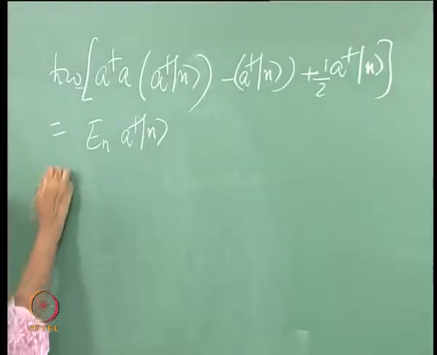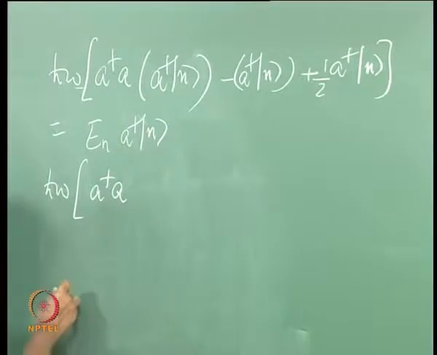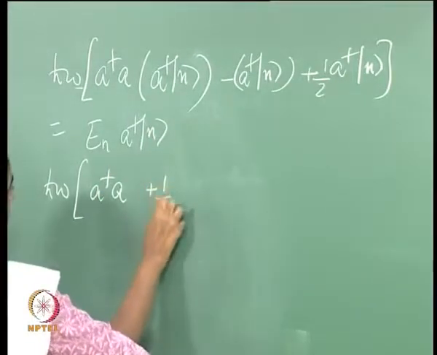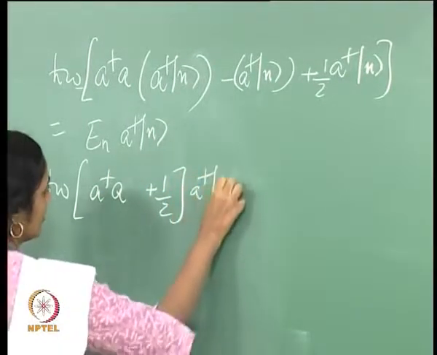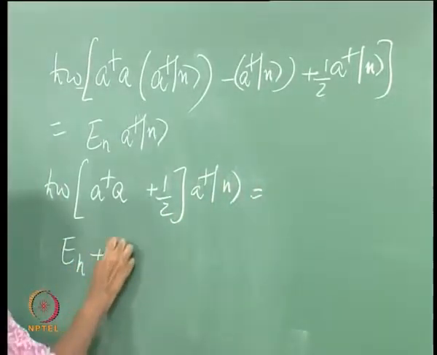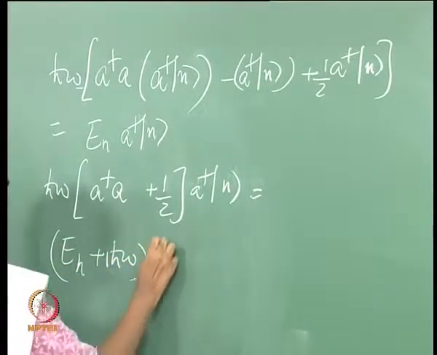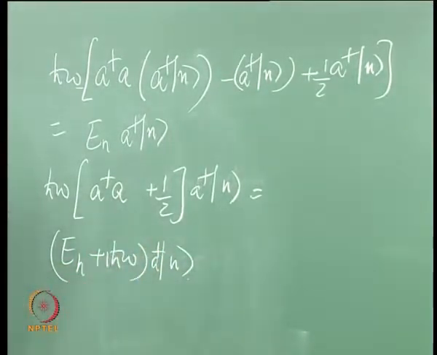In other words, I have shown that that object is E n plus 1 h cross omega a dagger acting on ket n.